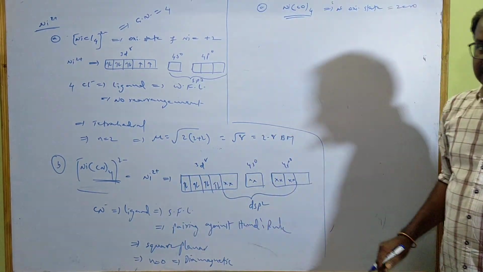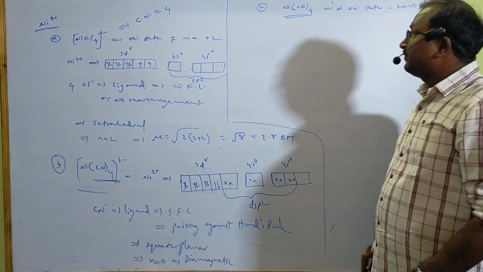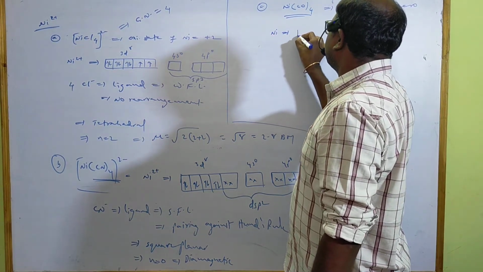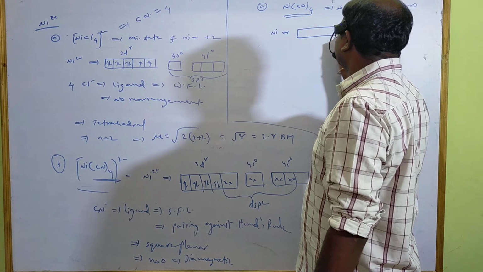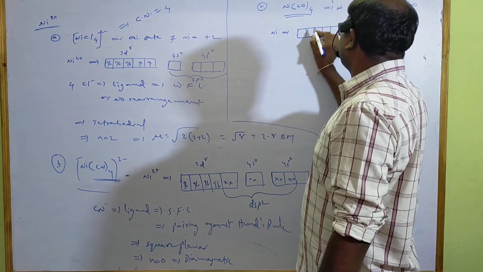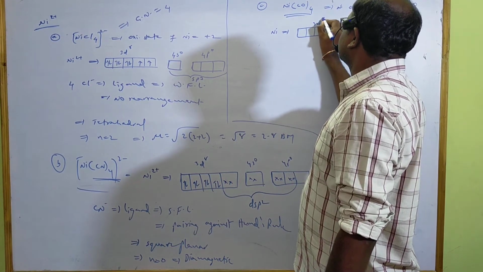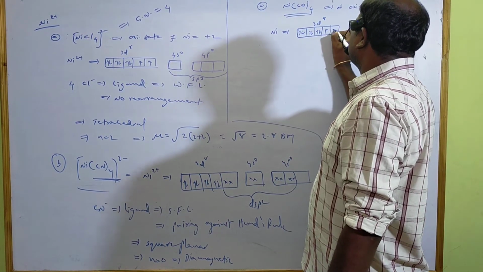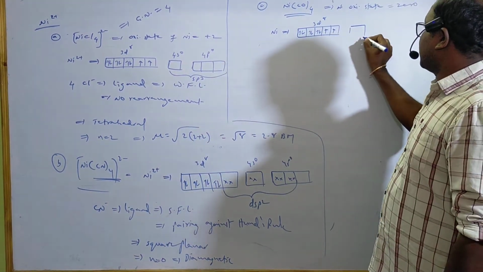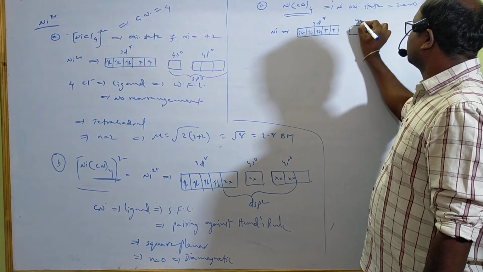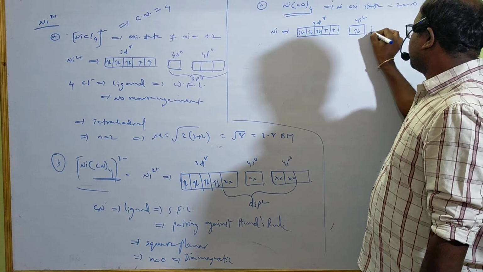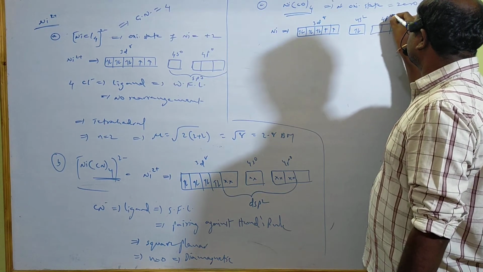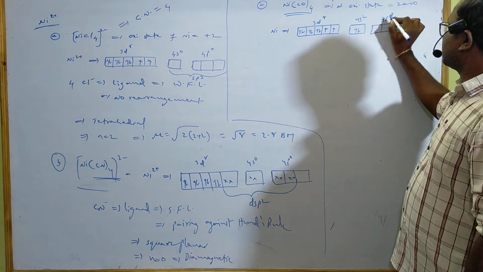So the configuration of nickel is 3d8, as 3 pairs and 2 unpaired electrons, 4s2, 1 pair, 4p0, no electrons in the p orbital.